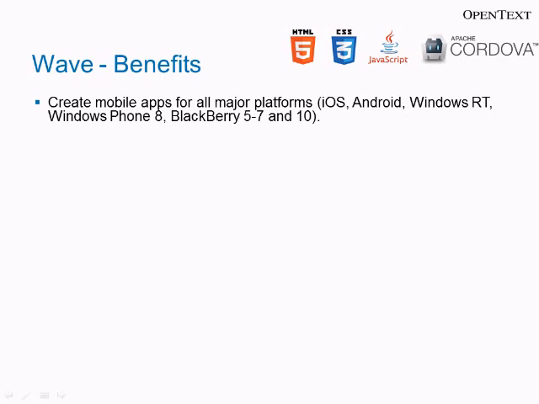So we wanted a more flexible approach. We wanted to support the new Windows Phone 8 and the BlackBerry 10. In order to do that, we had to look at something different. And by us using Apache Cordova, we can actually achieve that. In fact, on our current beta platform, we have succeeded in building Windows Phone 8 as well as BlackBerry 10 apps.